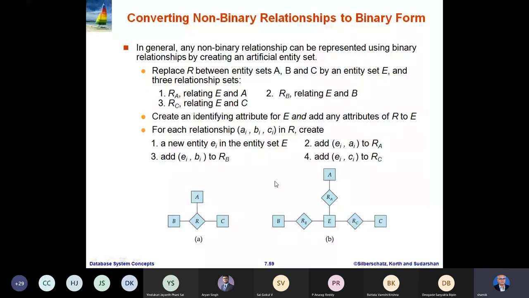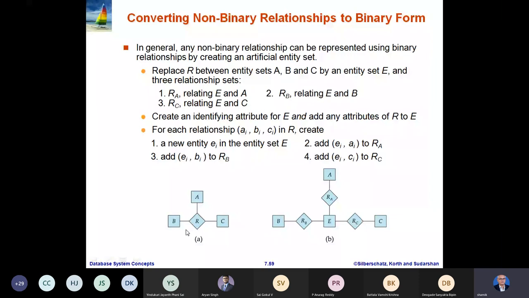This R, you break it up into this E, and E you add as a separate entity. Then for the A's participation in the relationship, you make A participate in a relationship RA with that E, which is an entity set which you have come up with replacing this ternary relationship.